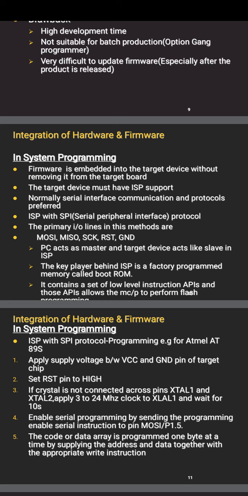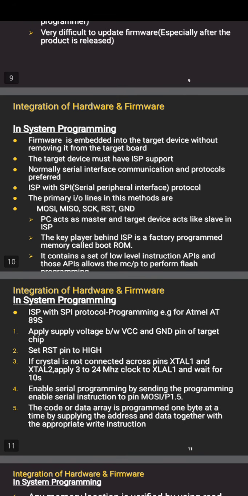The chip supporting in system programming generates the programming signals internally using the chip supply voltage itself. Normally in system programming is supported by special chips, and the chip supporting this will generate the programming signals internally using the chip supply voltage itself, that is the plus 5 volt.